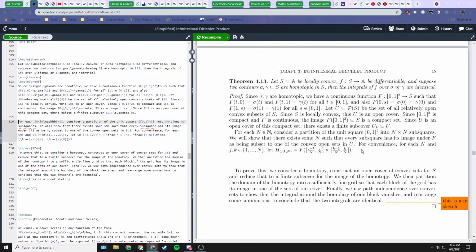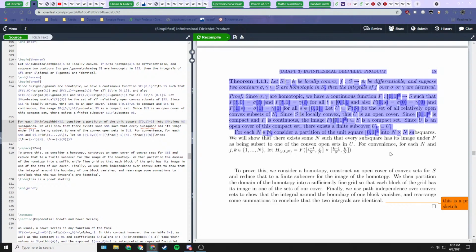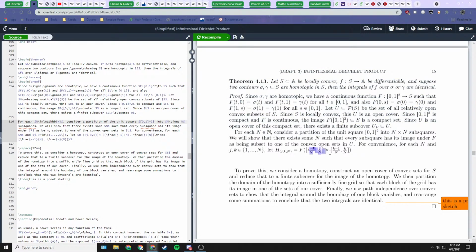Okay, so for each n and jk, we're using these jk as coordinates. So we're cutting up our square into n by n subsquares. These n by n subsquares are essentially just these squares. And h is the image of our function F over the jk subsquare with partition size n.